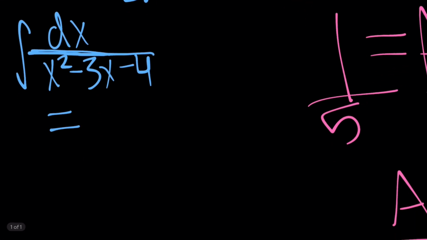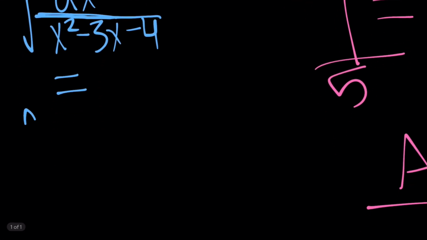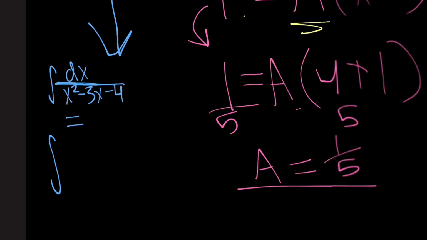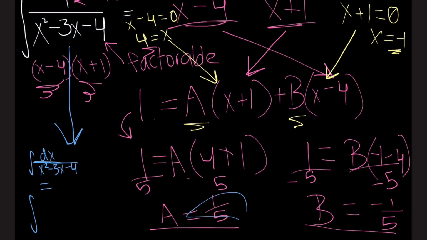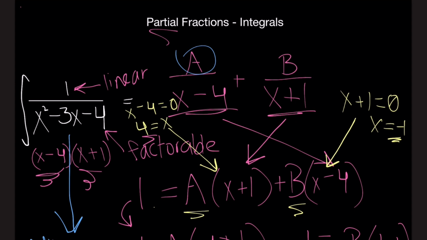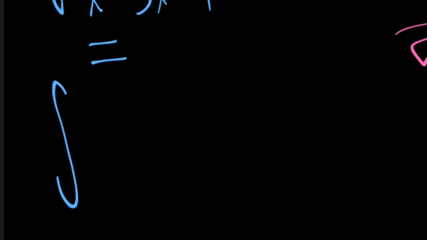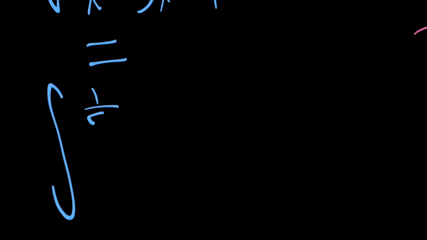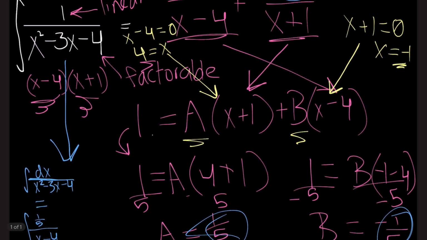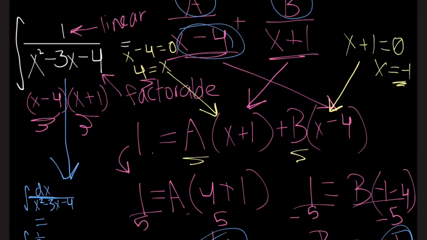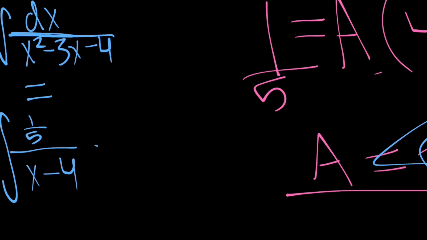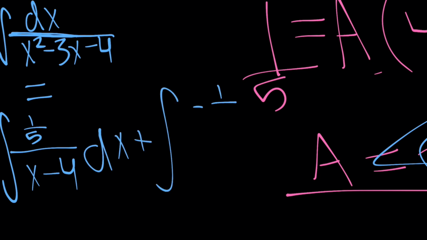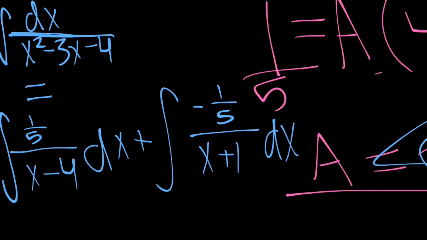And this is going to equal, now we're going to plug in these numbers for A and B. So 1/5 over x minus 4, don't forget that we assigned x minus 4 to be under A, dx plus the integral of negative 1/5 over x plus 1 dx.